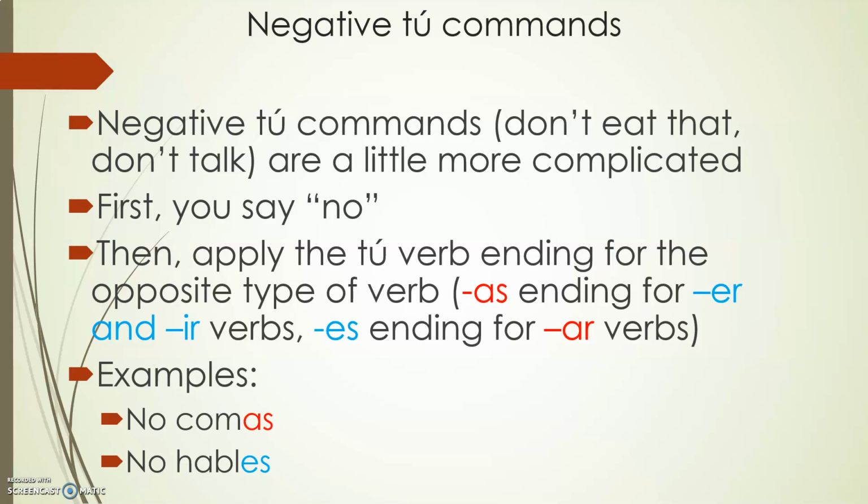Then you apply the tú verb ending for the opposite type of verb. By that I mean you use the AS ending for ER and IR verbs, and you use an ES ending for AR verbs. So, comer would turn into no comas, don't eat, and hablar would turn into no hables, don't talk.